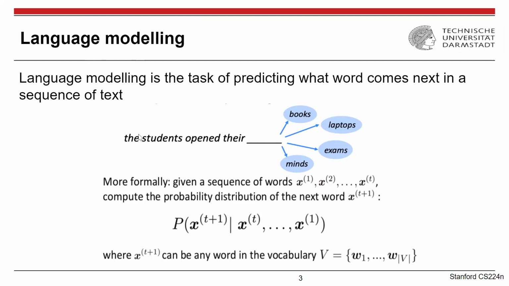As an example, let's say your sequence of text is "the students open their". So this is the series of text that you have taken. So the next word can be books, laptops, exams, mind.